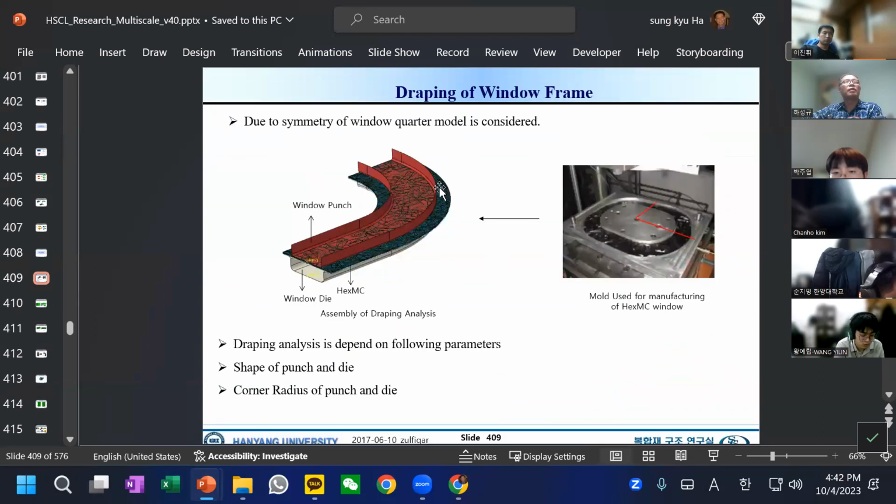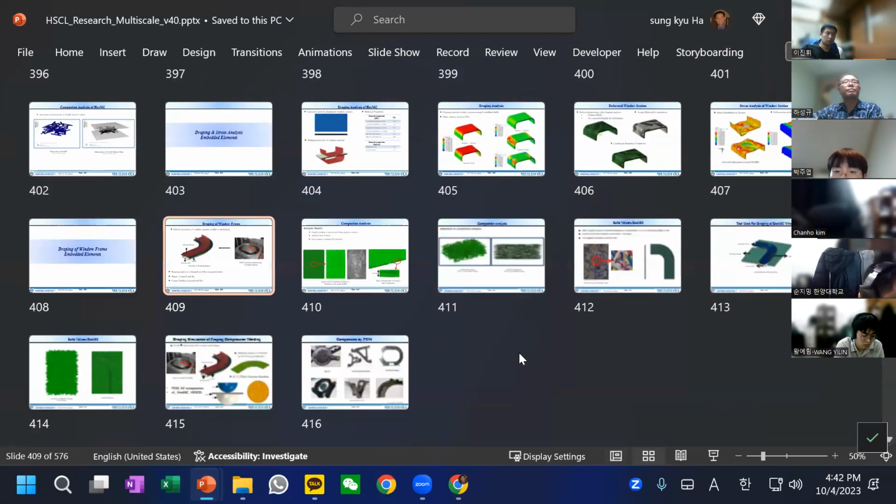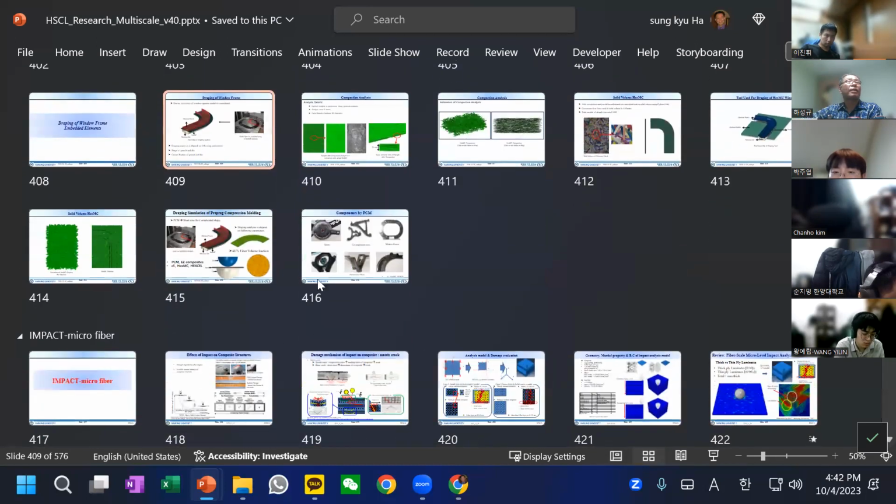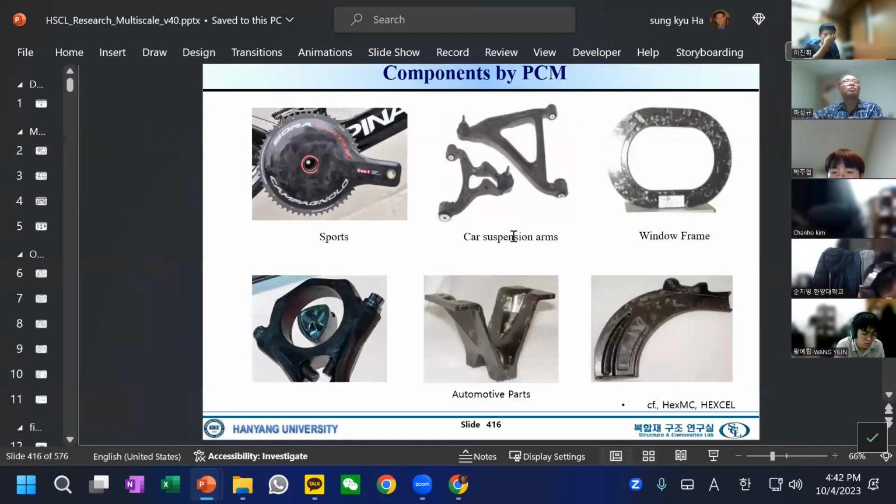And now these things really apply to manufacture of the window frame for the airplane. This is the draping of a window frame. And also it can be applied to this, the PCM, prepreg compression molding. You can see how the part can be made up.